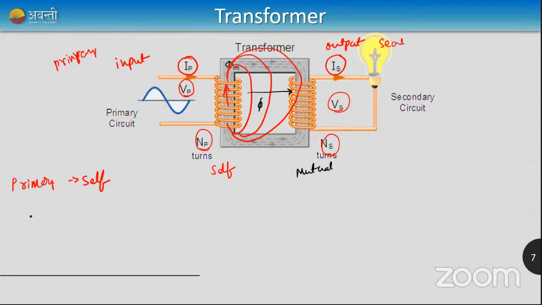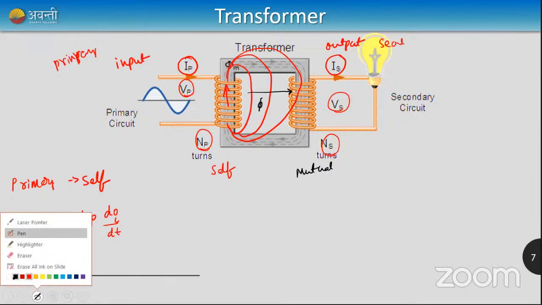The self-induction EMF, E primary, is equal to minus LP, the self-inductance of the primary coil, times di by dt. Very simple. So this is self-induction in the primary coil.